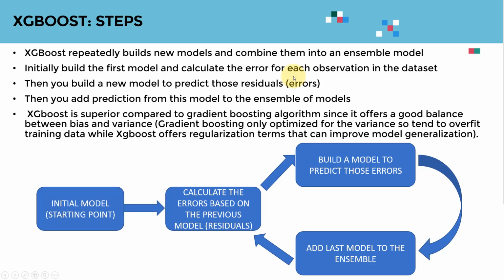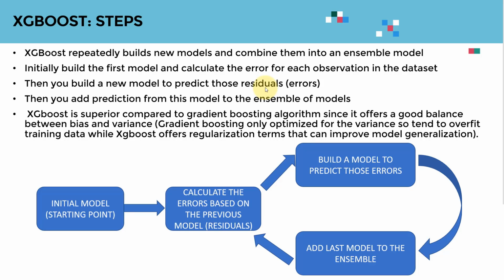So initially you come up with certain predictions, and then you subtract the predictions minus the ground truth, or minus the actual labels in the training data. And once you have these errors or residuals, you build a new model to predict those residuals. I know it sounds a little bit weird at first.